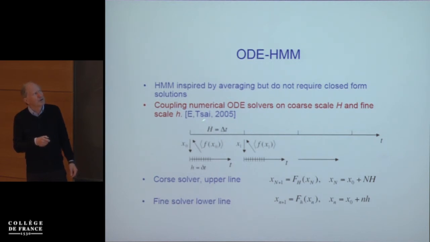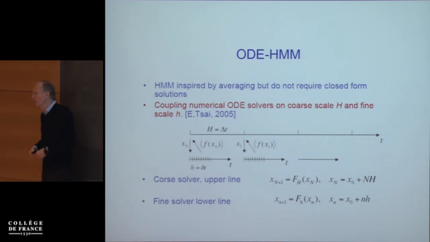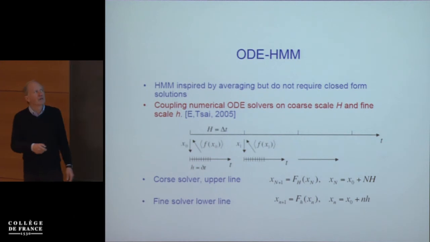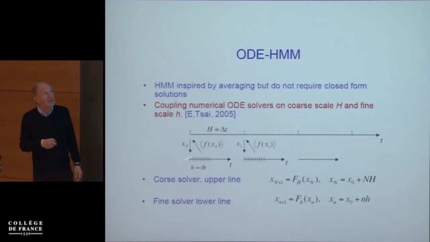So you have then a coarse solver where you think that you know the forcing, the effective forcing, and you step size according to the variation of the slow variable, so the order 1 scale in our case. But then you need the effective forcing, and that you do by calculating on the fine scale.